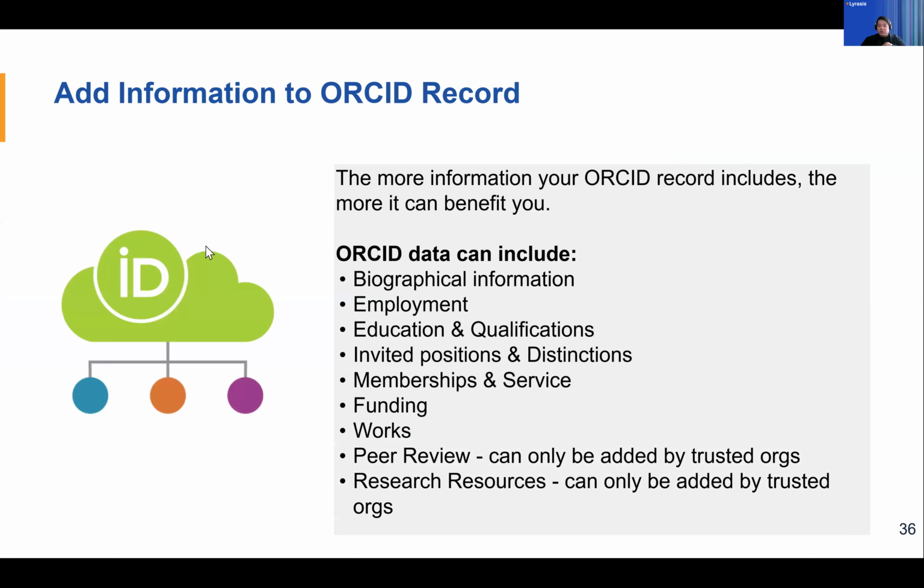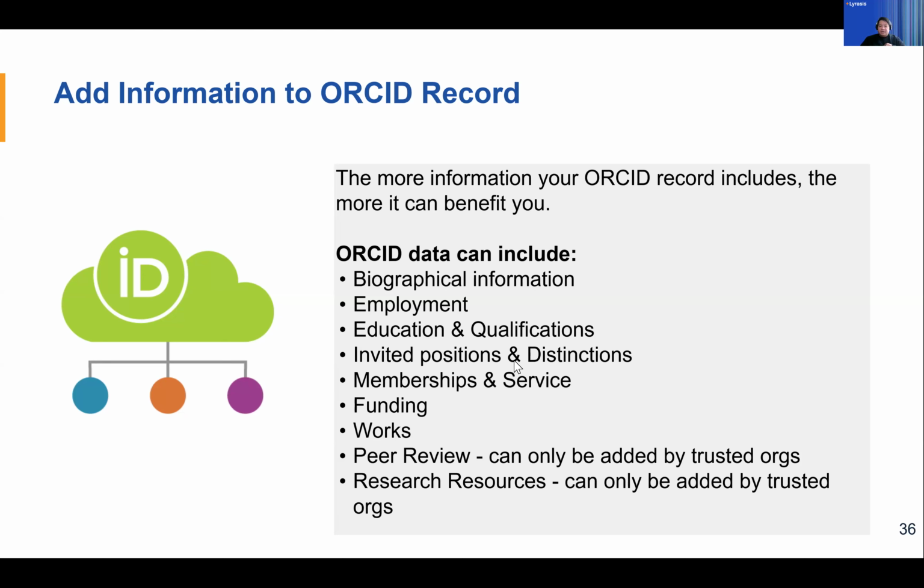All right, so you can add information to your ORCID record. Things you can add include biographical information, which we talked about earlier; employment; education and qualifications; professional activities, which are invited positions, distinctions, memberships and service; funding, of course; and works, which are your publications.